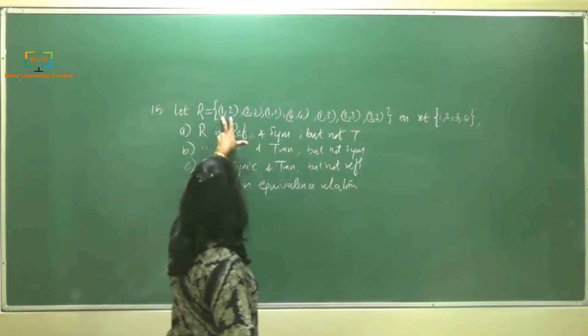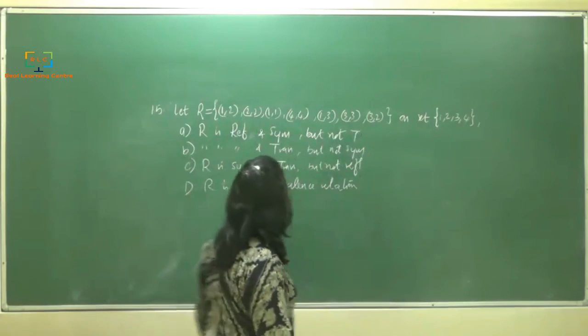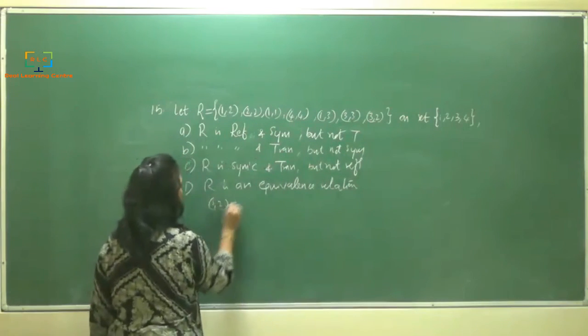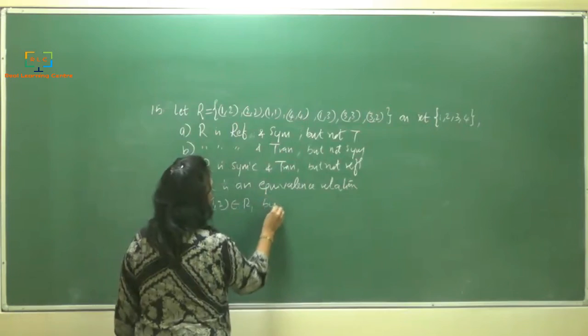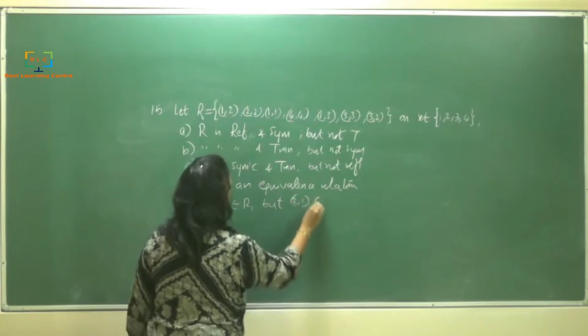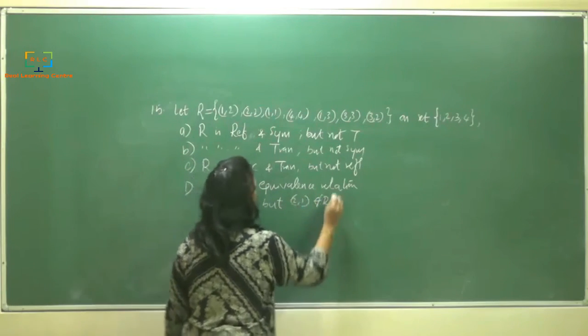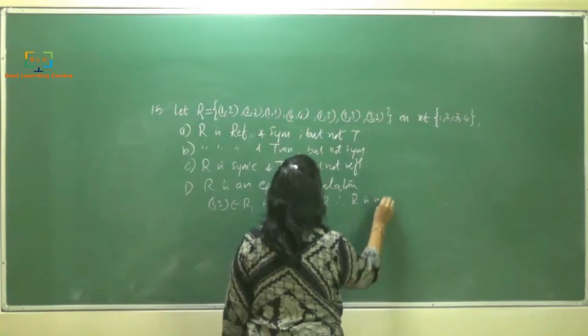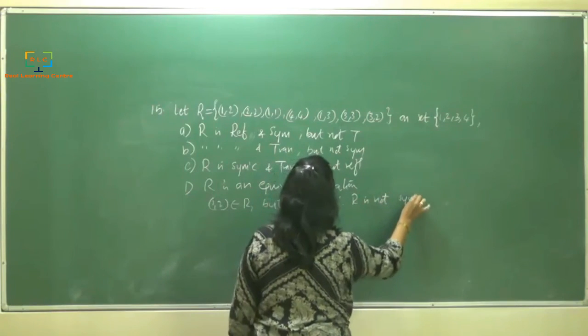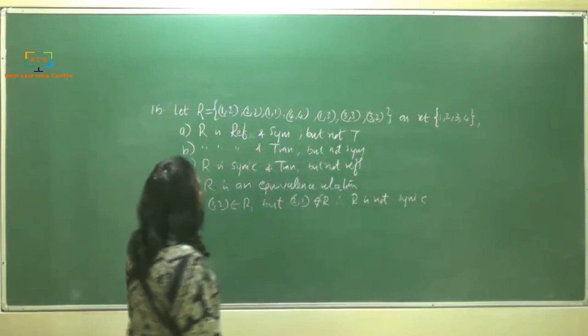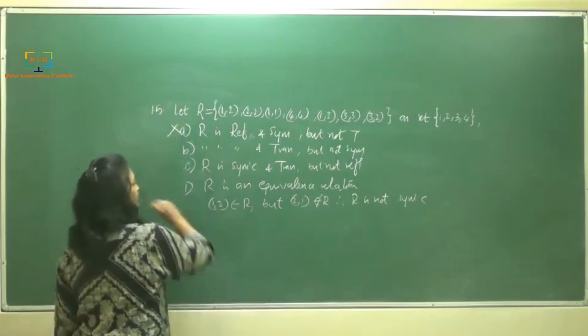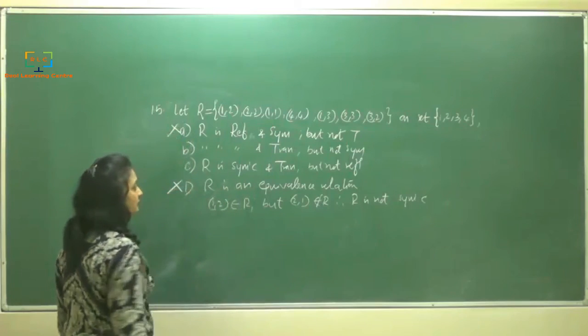See, (1, 2) belongs, but (2, 1) does not belong. So we'll write (1, 2) belongs to R, but (2, 1) does not belong to R. Therefore, R is not symmetric, which means A is not the answer, and equivalence is not the answer.